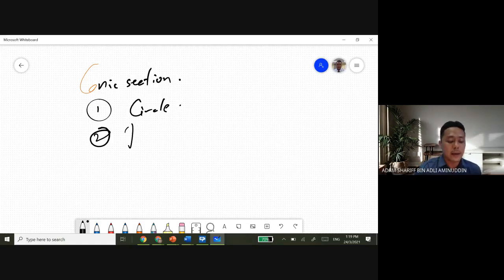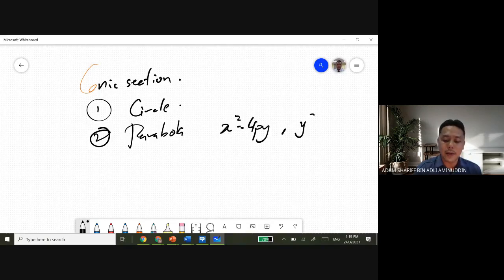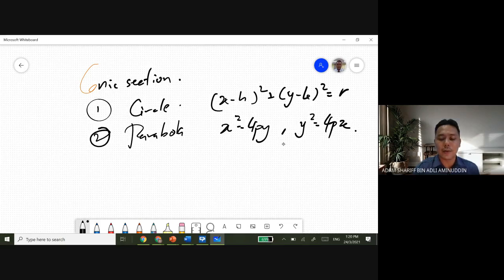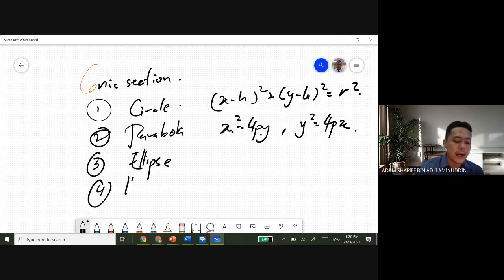You already covered the parabola: x squared equals 4py and also y squared equals 4px. The circle equation is (x minus h) squared plus (y minus k) squared equals r squared. I'm going a bit fast. Then ellipse and also hyperbola.